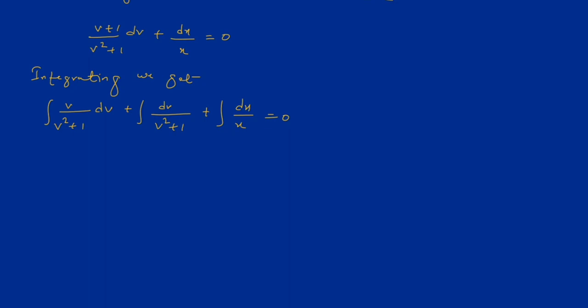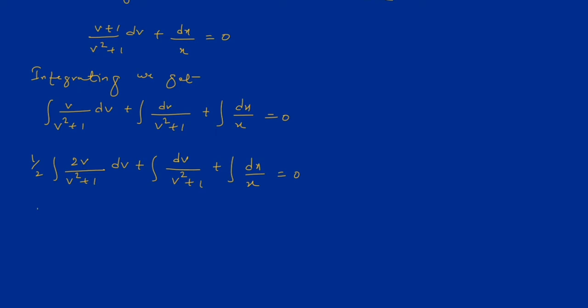To convert this term into the standard form, we multiply and divide by 2. So 1 by 2 integral of 2v upon v square plus 1 dv plus integral of dv upon v square plus 1 plus integral of dx upon x equals 0. After integrating, it is now in the standard form. Here v square is f of x and this 2v is f dash of x.